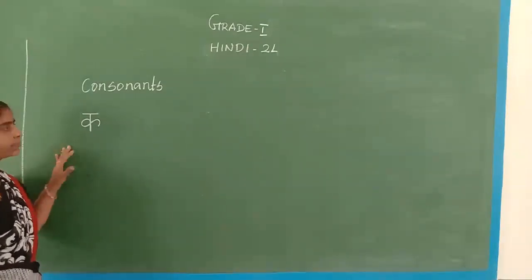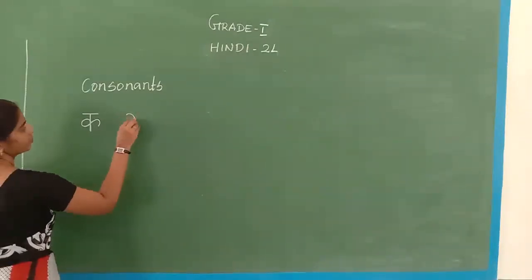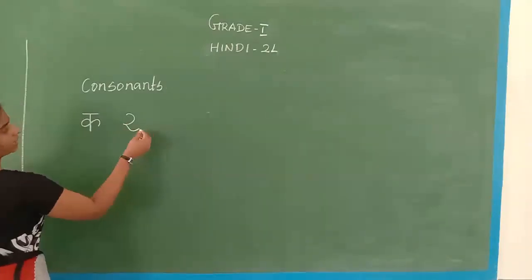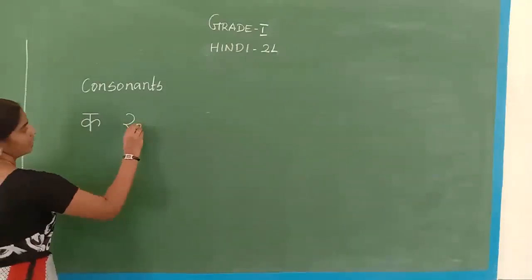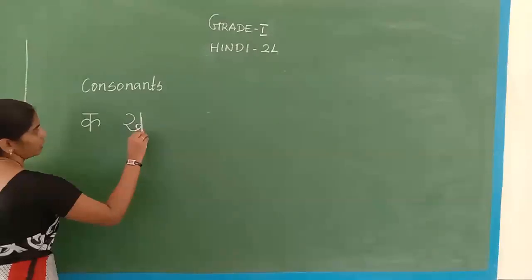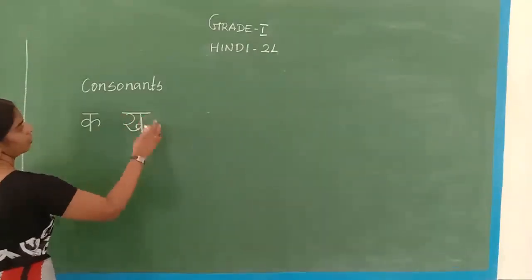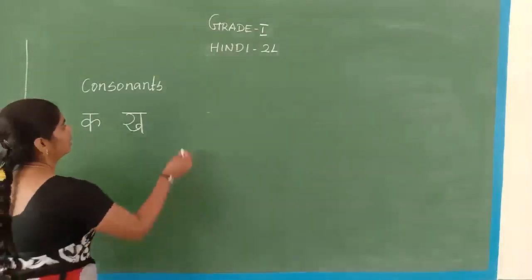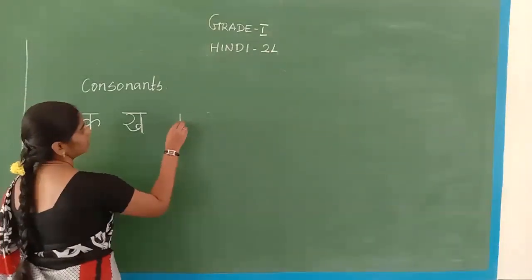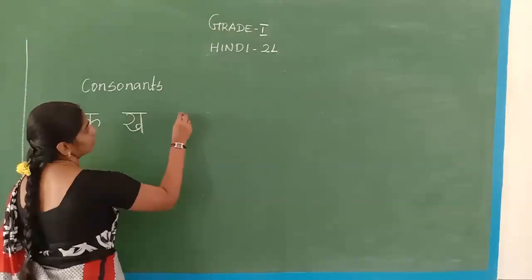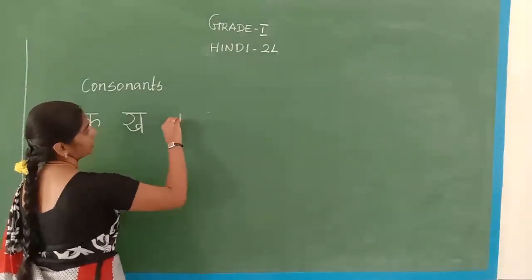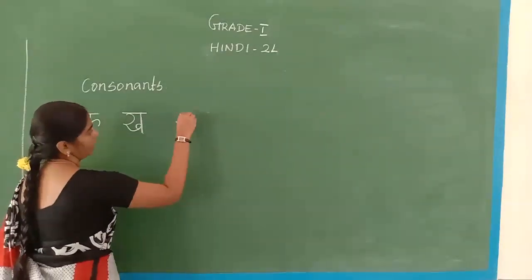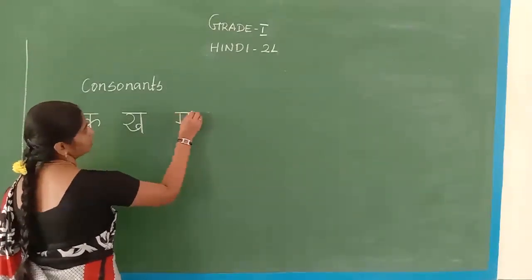Right, children? The next, like this, and one round, one line on top of the line. K, K. The next letter, G. So first, the short line has a hook and one long line on top.